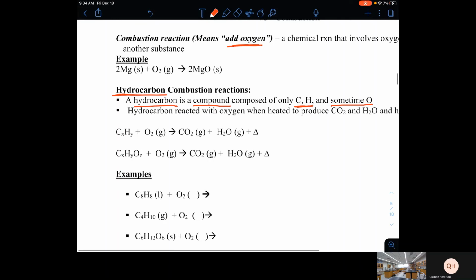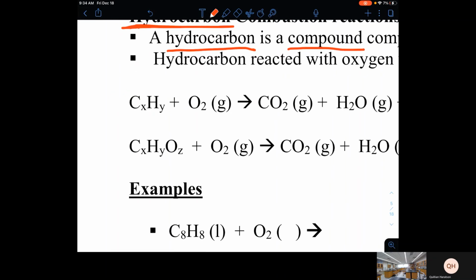So right down here, I give you the basic backbone of a hydrocarbon. I simply say CxHy, where x can be any variable you want, y can be any variable you want as well. So long as I have some carbon with some hydrogen, it is a hydrocarbon.